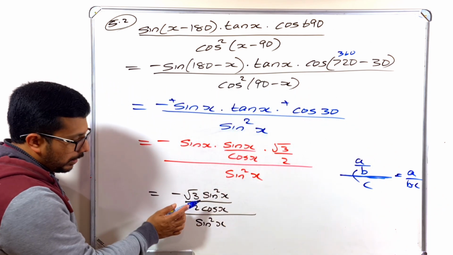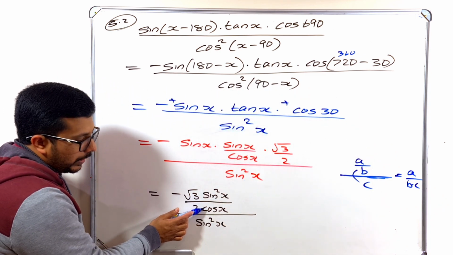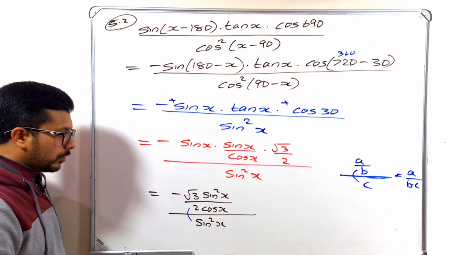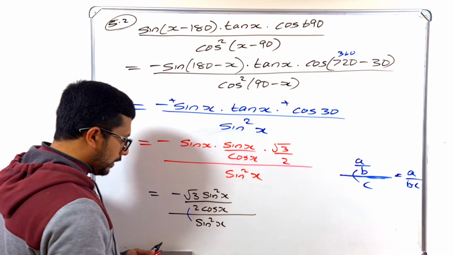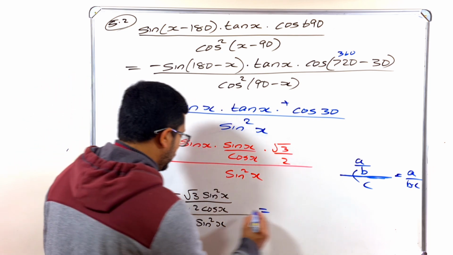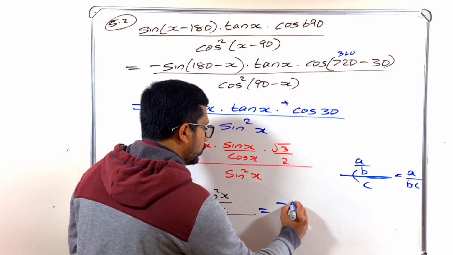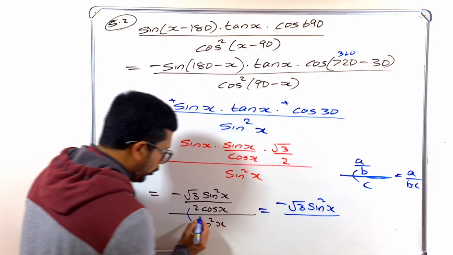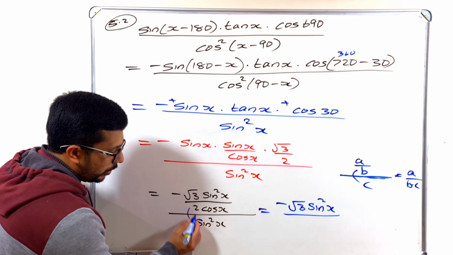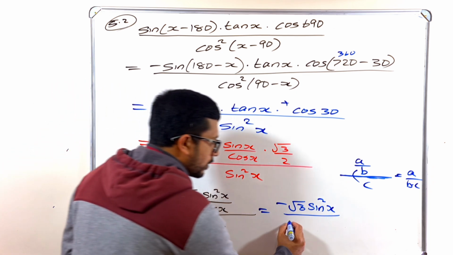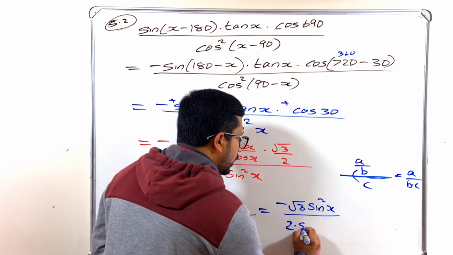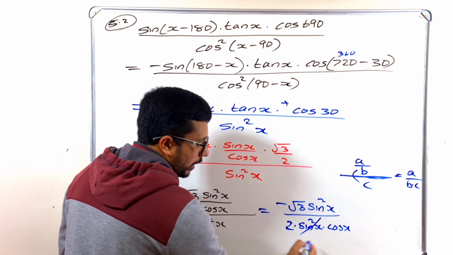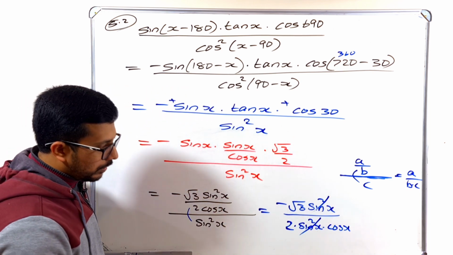Similarly, this one divided by this one, this is our b, divided by sine square, so you just multiply these two and write it in the denominator. So how can you write that? That is equal to minus root 3 sine square x divided by, I'm going to multiply these two: 2 into sine square x into cos x. This sine square x and this sine square x cancel, so that's all.